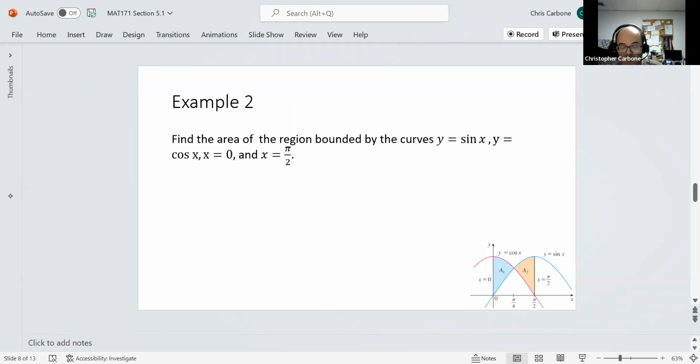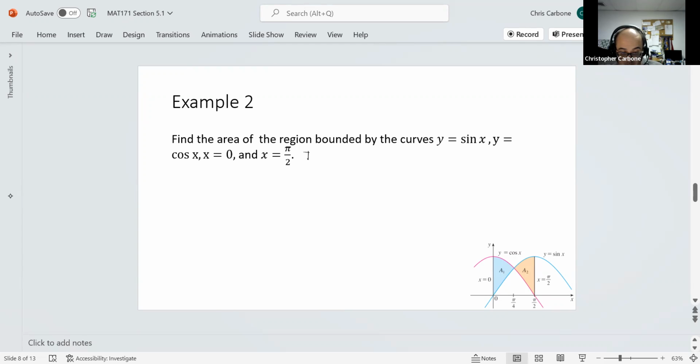So for example, find the area of the region bounded by the curves y is equal to sine of x, y is equal to cosine of x, x is equal to 0, and x is equal to pi over 2. We could see that picture here in the bottom right corner, where the pink curve is y is equal to the cosine of x, and the blue one is y is equal to the sine of x.